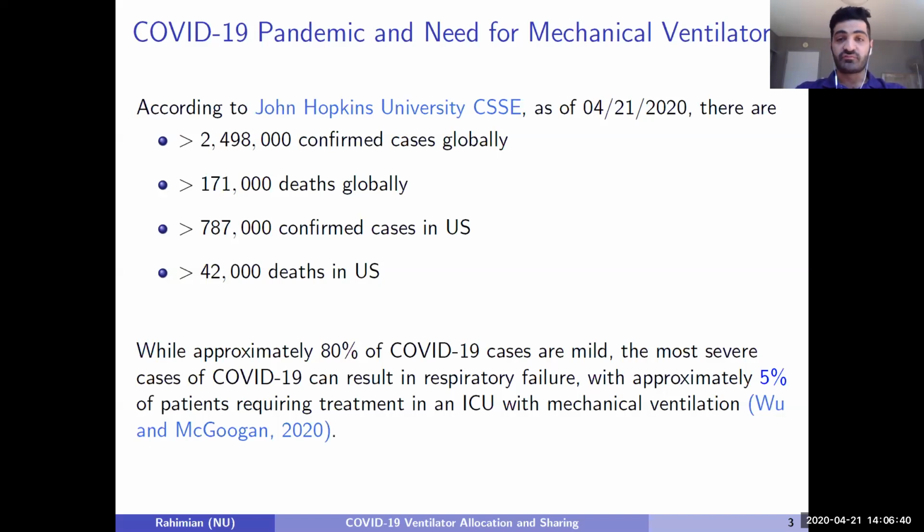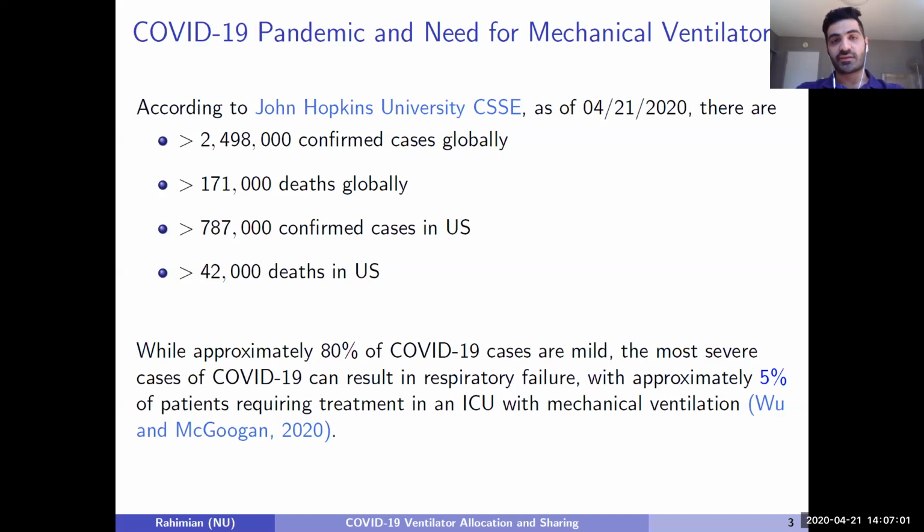In this situation, we have to provide the patient with mechanical ventilation in an intensive care unit in order to help them survive and fight COVID-19. Around 5% of COVID-19 patients have to be on mechanical ventilators.